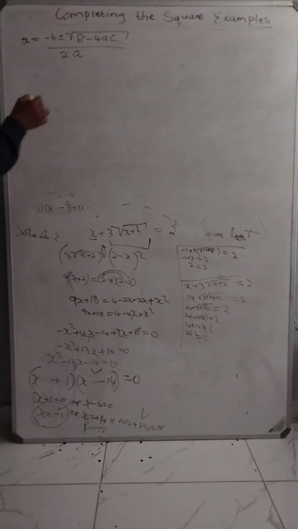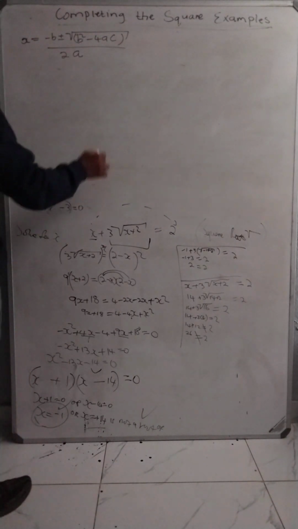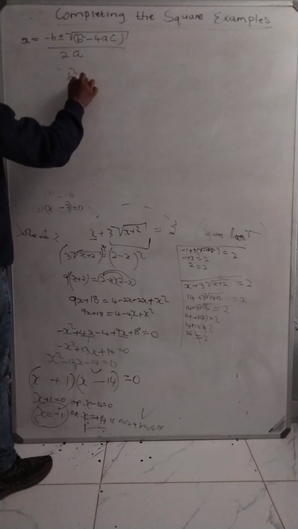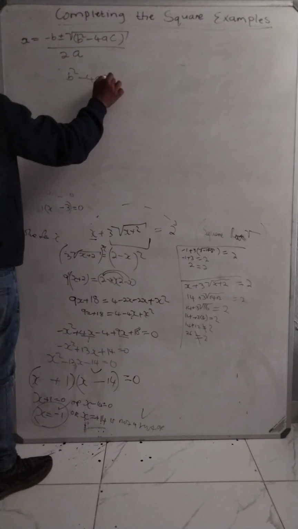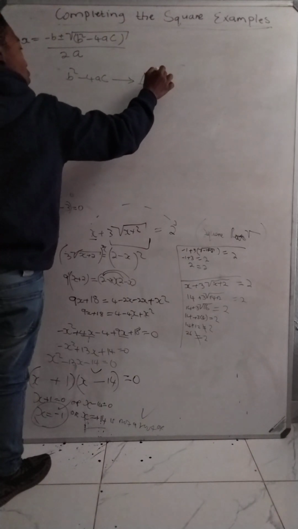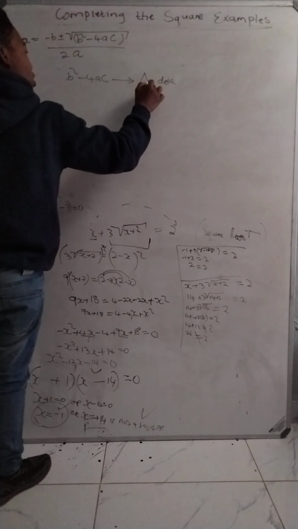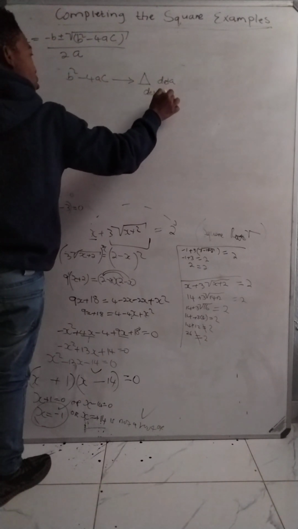Now, this expression here under the square root, which is b squared minus 4ac, we call it the delta or the discriminant.